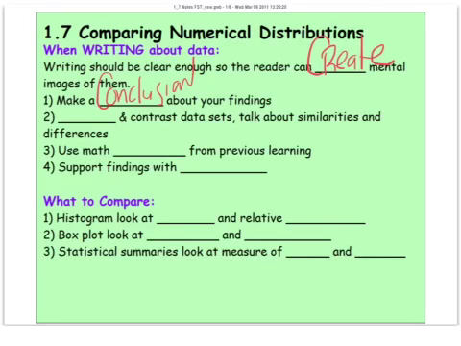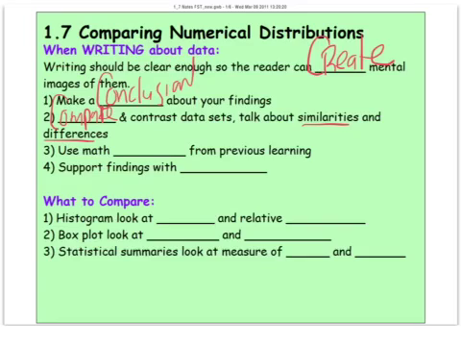In doing so, you should compare and contrast data sets. It's important that you do both compare and contrast. You talk about both sides of the story, and you talk about their similarities and differences. Obviously, comparing is the similarities, contrasting is the differences.